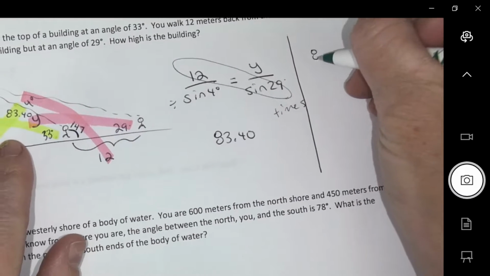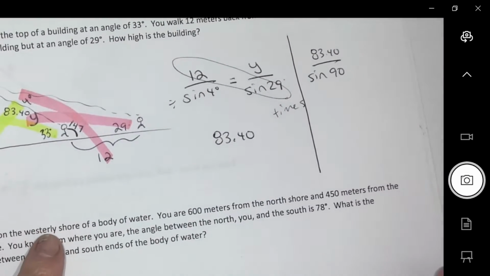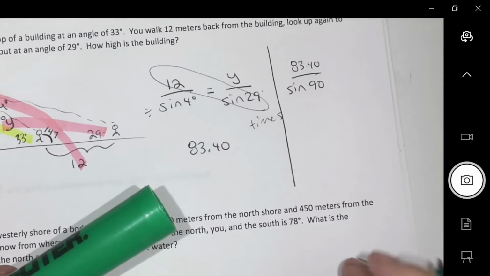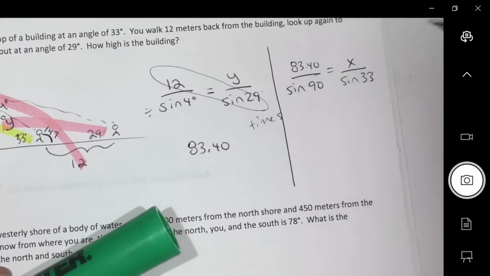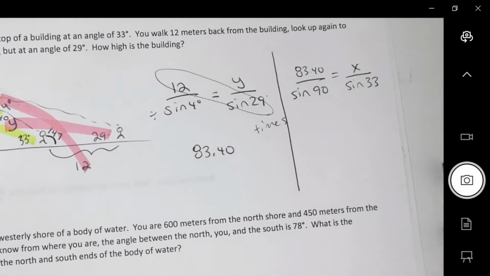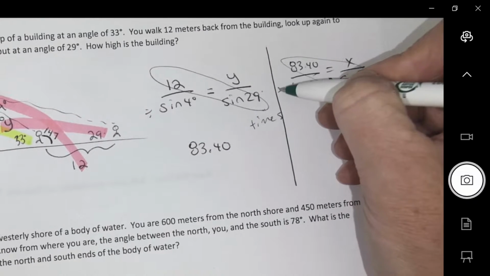So we have 83.40 is across from sine 90. And the side x is across from the 33. Same calculator stuff, times and divide.